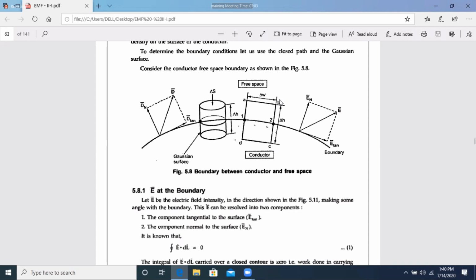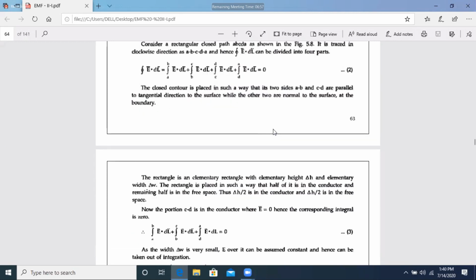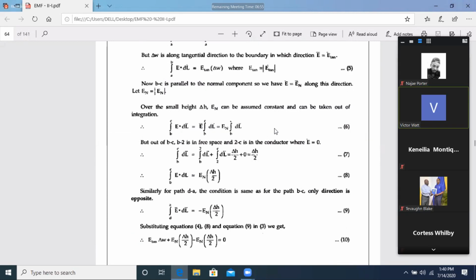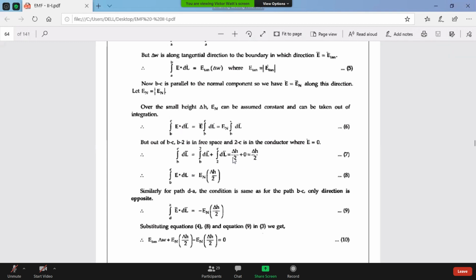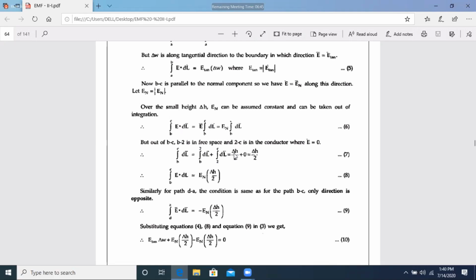C to B is C to 2 plus 2 to B. And B to 2 is delta H over 2.